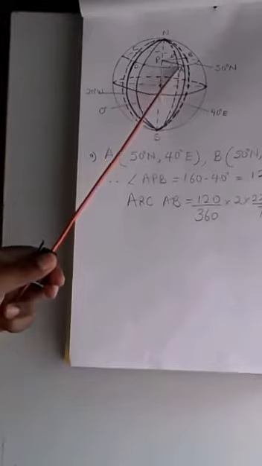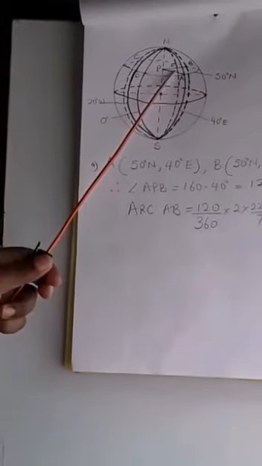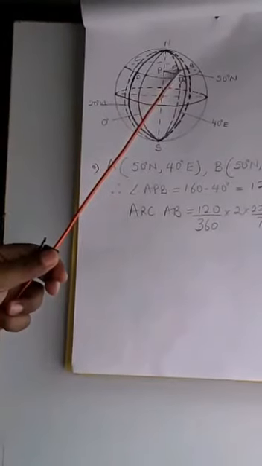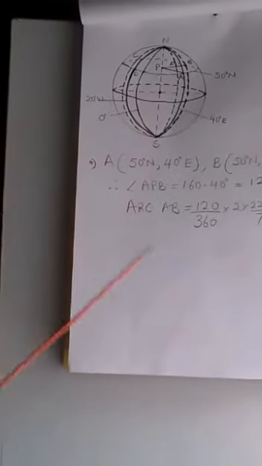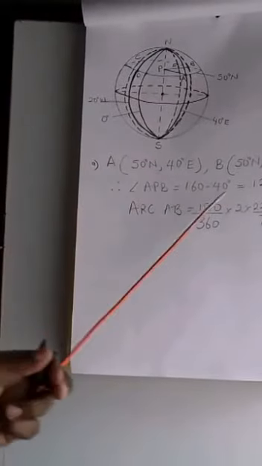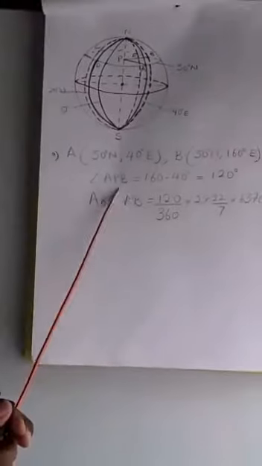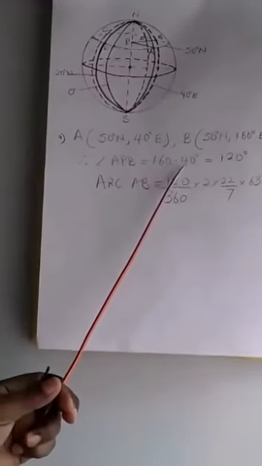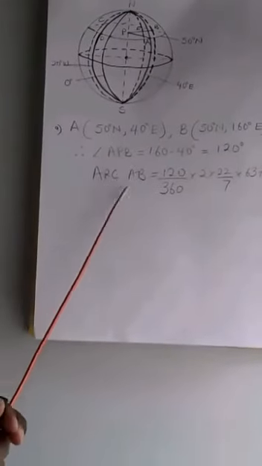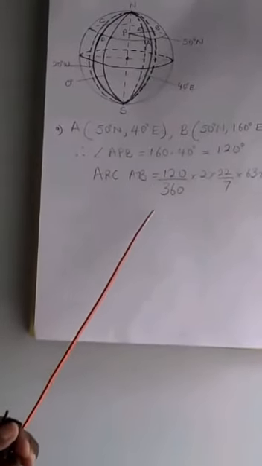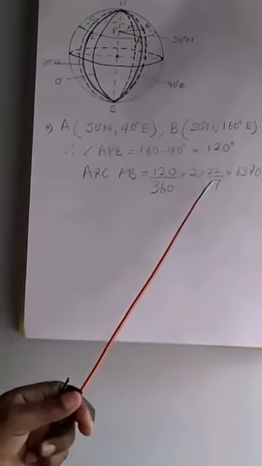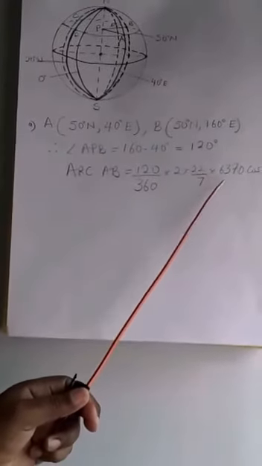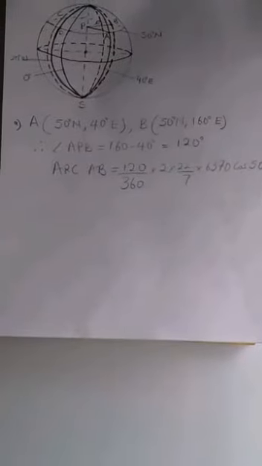You start from 40 degrees, you continue until you reach 160, then you'll have covered 120 degrees east. This is why angle APB is 160 minus 40, which is 120 degrees. And therefore, arc length AB will be 120 over 360 times 2 times 22 over 7 times 6370 cos 50, because it lies on a small circle.